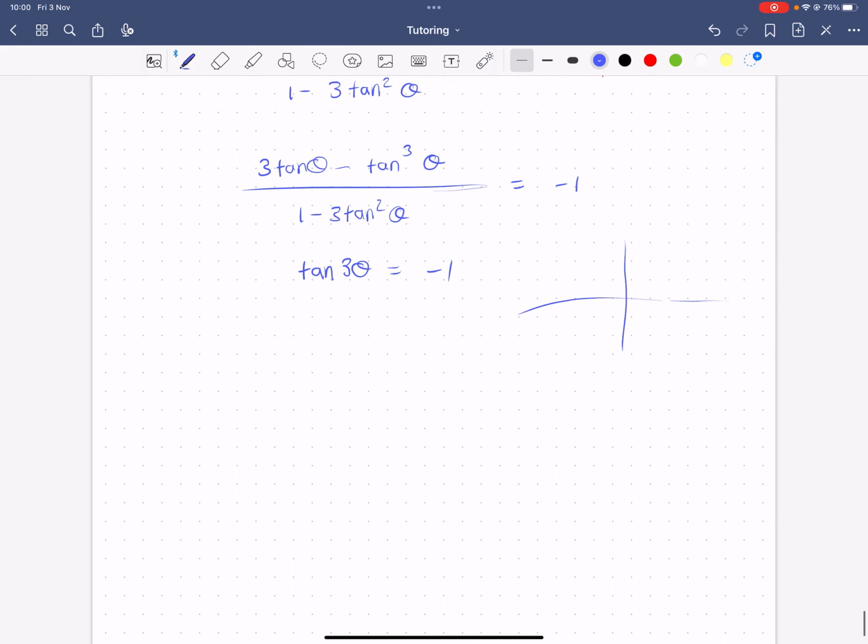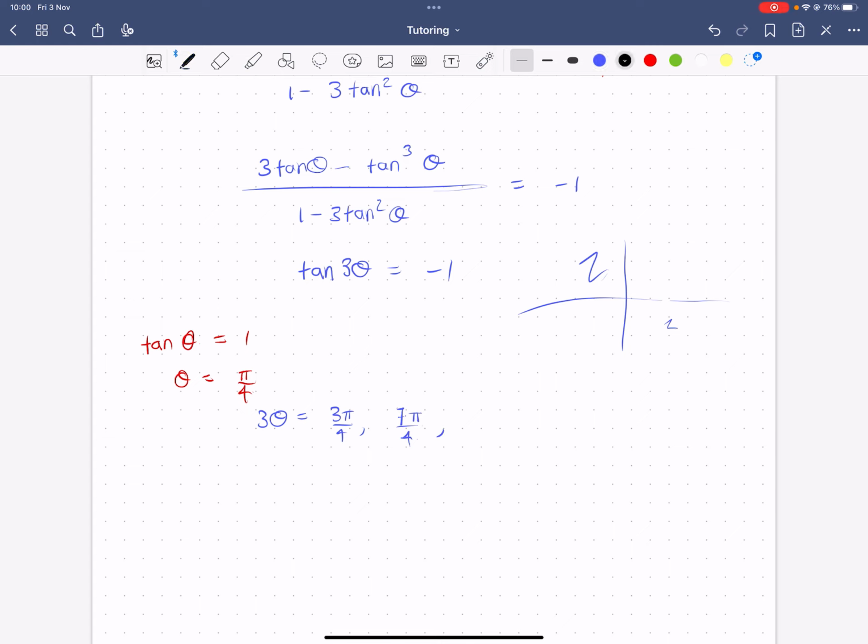Now minus 1 implies that we're in the second and the fourth quadrant. Hopefully by now we have memorized that tan of theta equaling 1 means theta is pi on 4. But since we're in the second and the fourth quadrant, we're going to say 3 theta is equal to pi minus pi on 4, which is 3 pi on 4, or 2 pi minus pi on 4, which is 7 pi on 4.